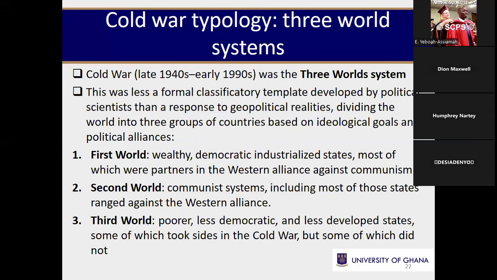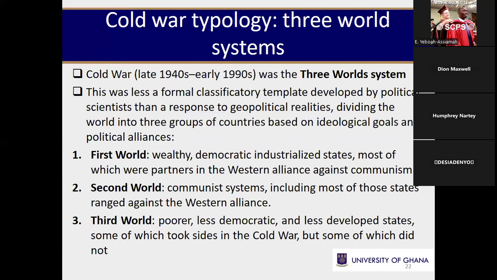But now, during this period, the world was classified into three. We had what we call the First World. These were the wealthy, democratic industrialized states, most of which were partners in the Western Alliance against communism.